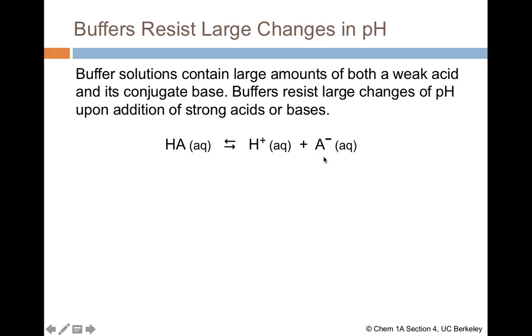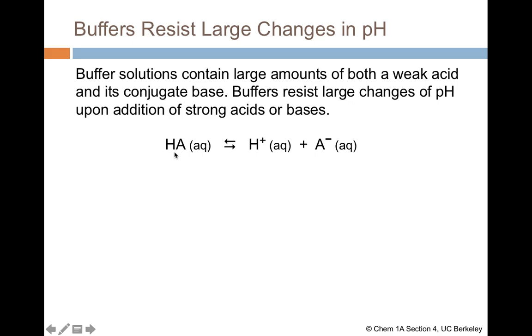But assuming the concentrations of HA and A- were initially very large, that little shift will probably be comparatively small. Similarly, if you add a little bit of strong base, that strong base will react with H+, decreasing the concentration of one of your products. So Le Chatelier's principle will shift this equilibrium towards the products, making more A- and depleting HA.